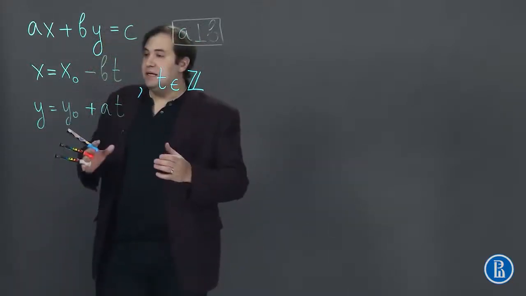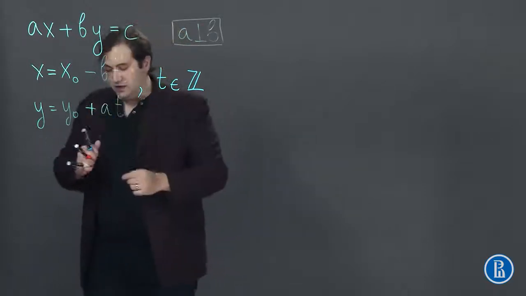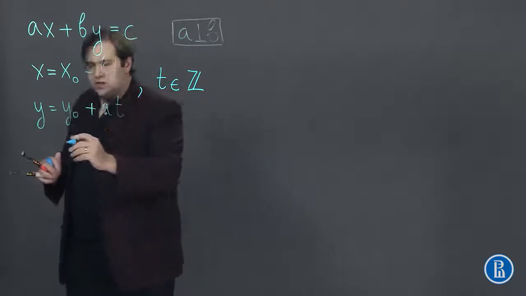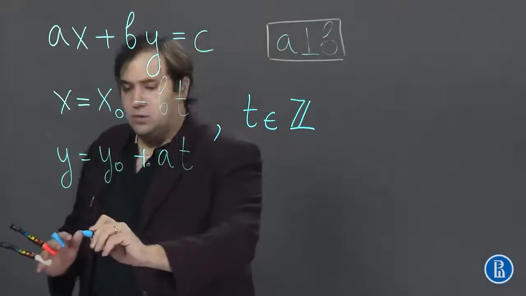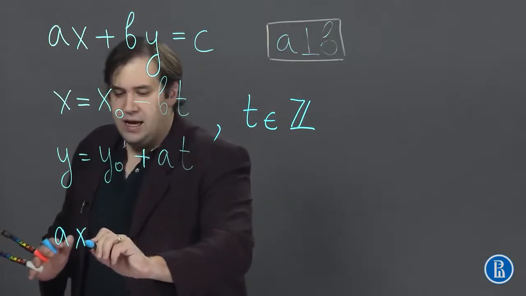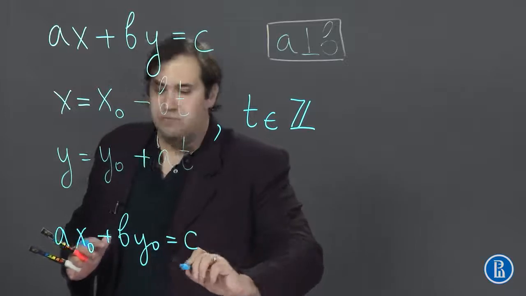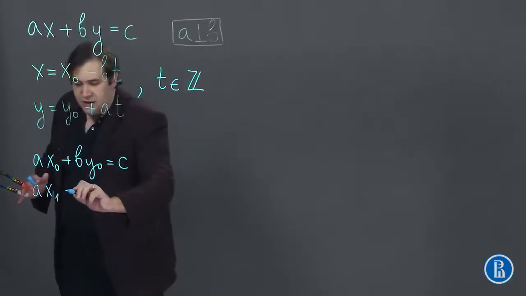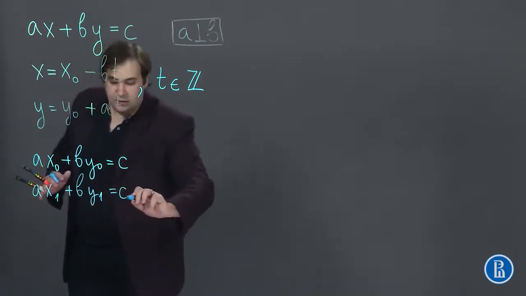Let's prove this statement. So we have a particular solution, x0, y0, and take just any other solution, say x1 and y1. So a x0 plus b y0 is equal to c, and at the same time a x1 plus b y1 is equal to c.